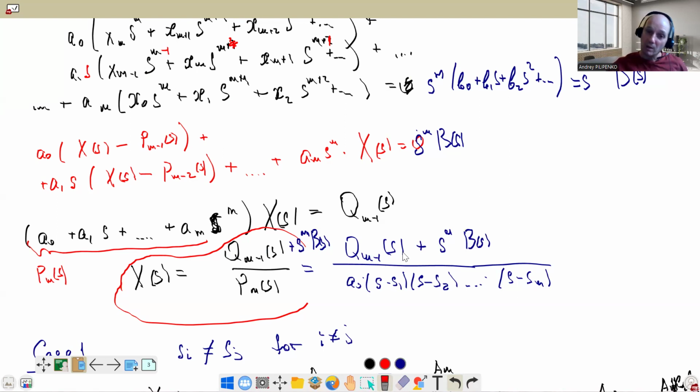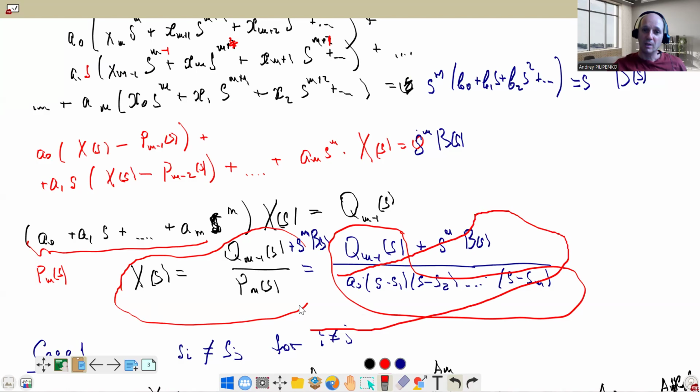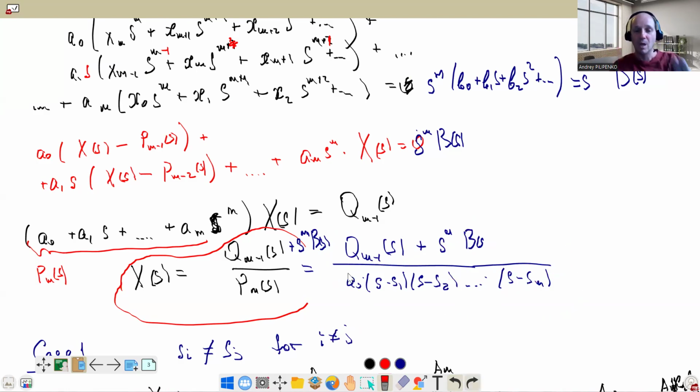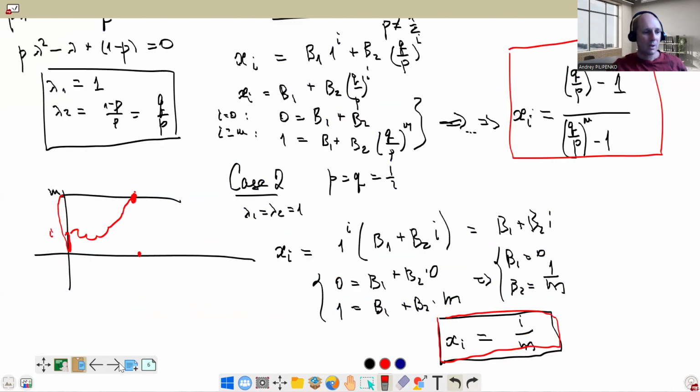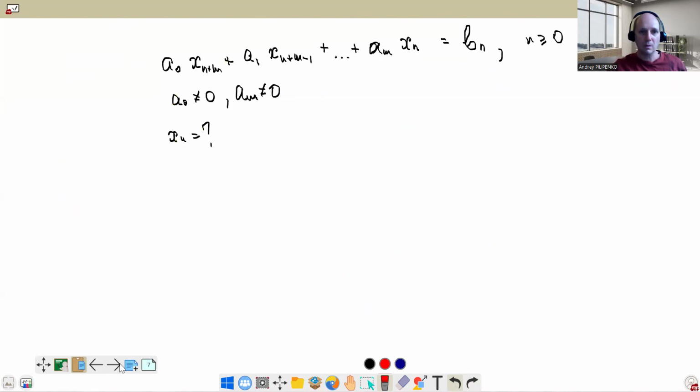By the way, you know this. So the question is how to find the Taylor expansion of this. So this is the first idea. And the second idea is this.